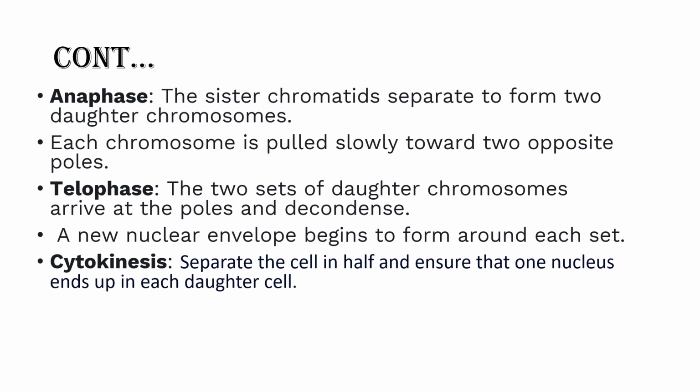So the two sets of daughter chromosomes arrive at the poles and decondense. A new nuclear envelope will begin to form around each set. Now, the most important last part is cytokinesis. Cytokinesis separates the cell in half and ensures that one nucleus ends up in each daughter cell.